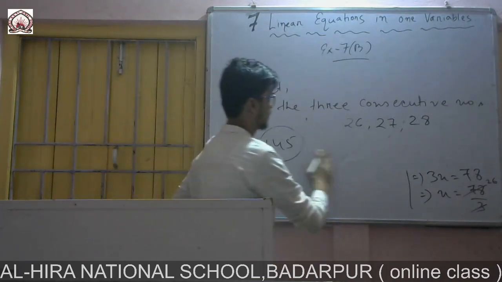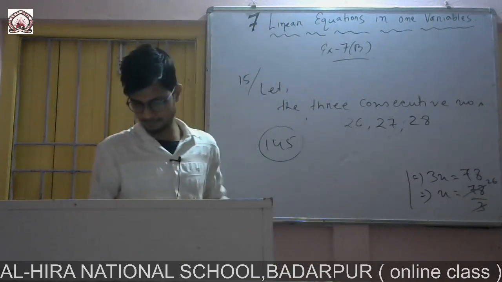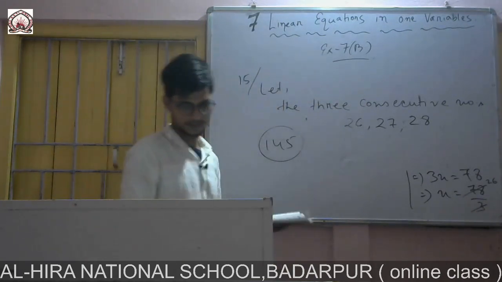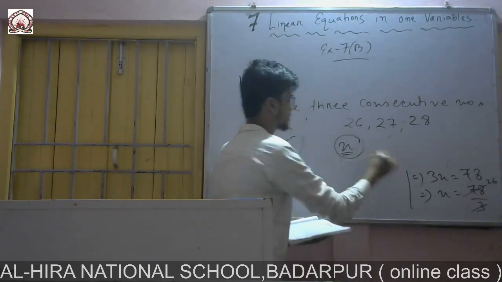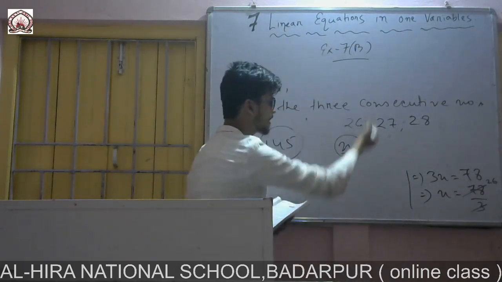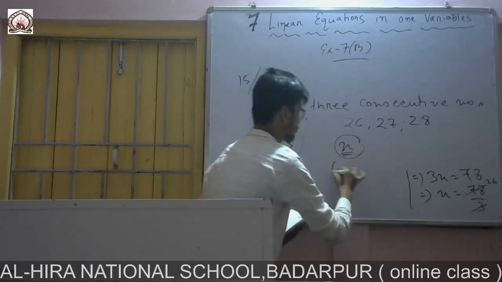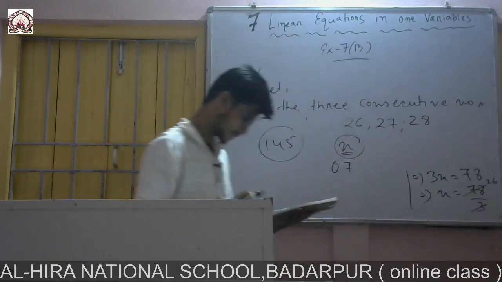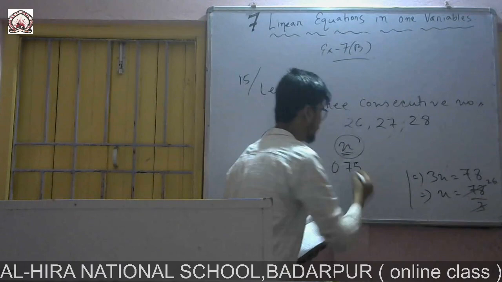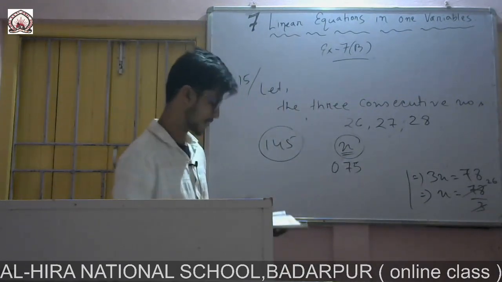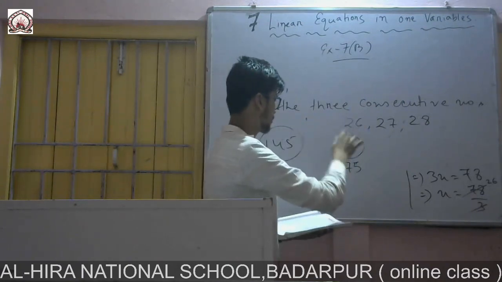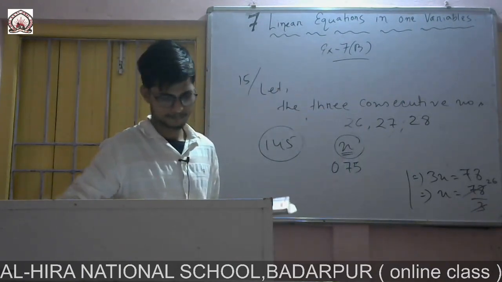If I write, let the extra minutes she used be x. We don't know how many minutes she talked. Let it be x, and for each minute she has to pay 75 paisa. So I can write it as 0.75, since it is in rupees. Let me write the expression, you will understand.